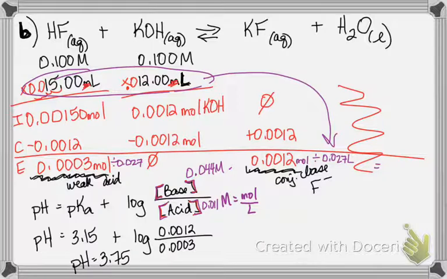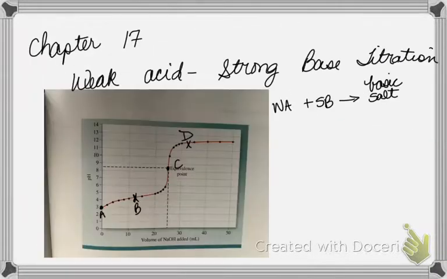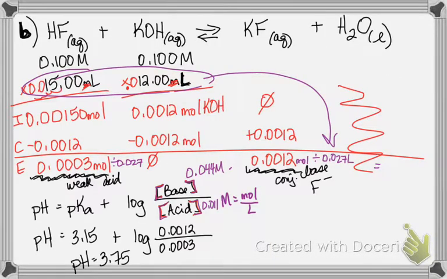In B part, y'all, the pH in B, I'm going to go back a few slides, it had to be higher than the pH in A. So watch it and make sure that's happening. Okay, if A's pH is 2.07 and B is 3.75, that makes sense. We've got to go up. C, we've got to go up even more because we're going to add even more of the base.